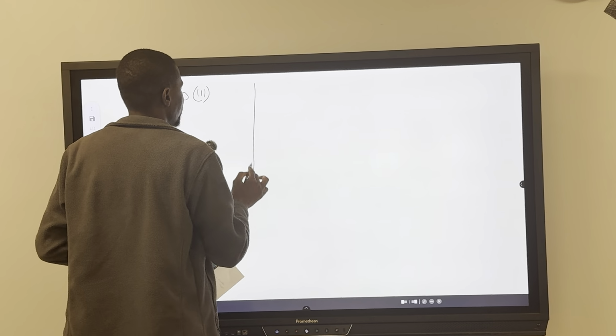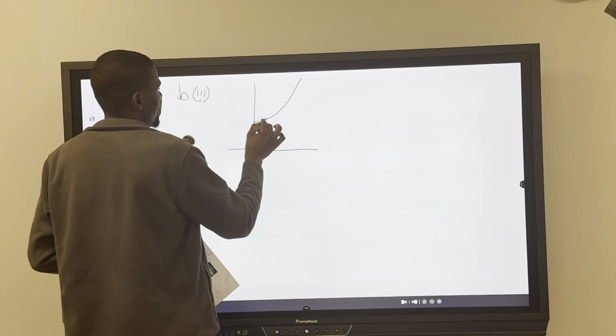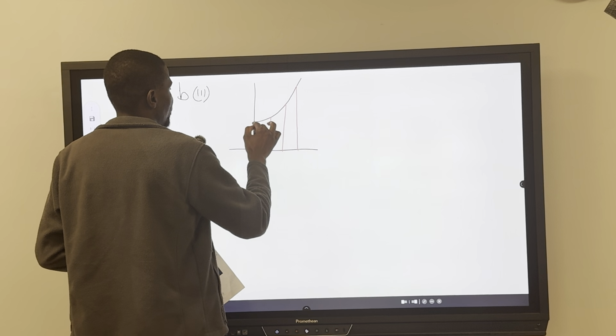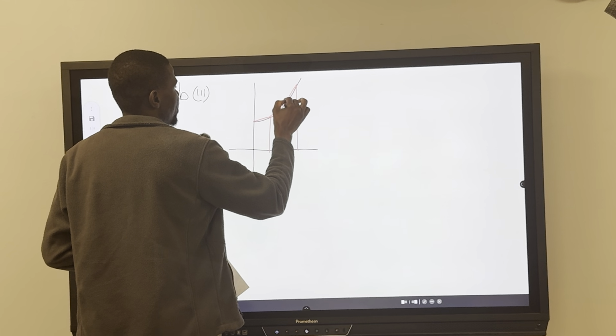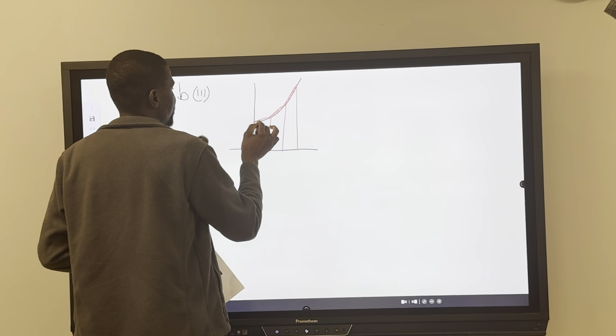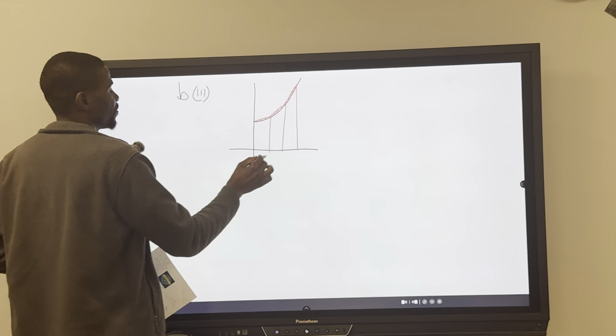So once the curve is like this, right here, if we try to estimate the area using the trapezium rule, as you can see, there is also area that is being included here, the shaded part, which is not even part of the area.